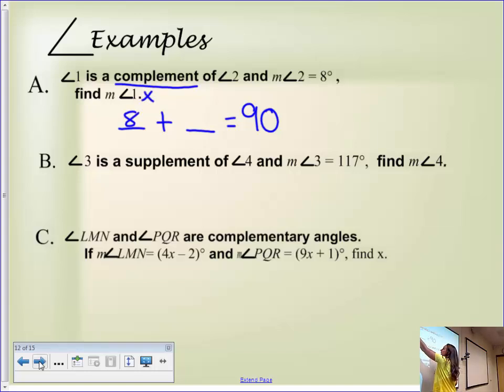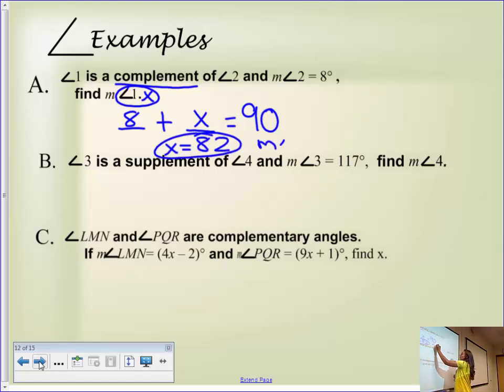Angle 1 I'm just going to mark as an x because that's what we're going to find. So 8 plus x equals 90. That should be our equation to solve. Now solve the equation: subtract 8 from 90, so you get x equals 82, or the measure of angle 1 equals 82 degrees.